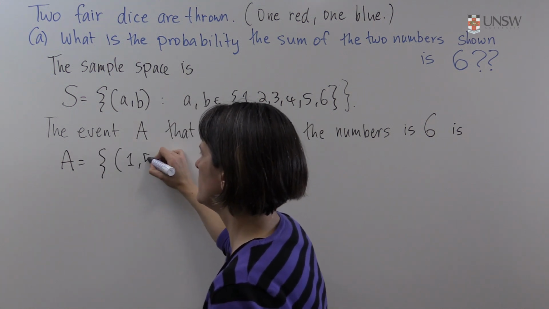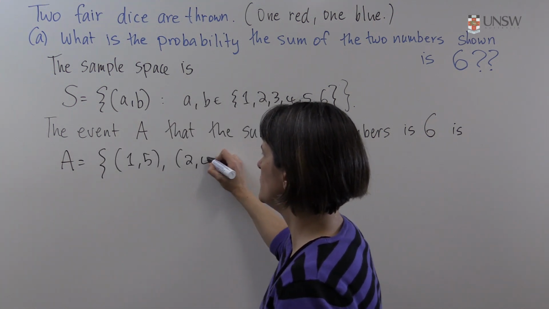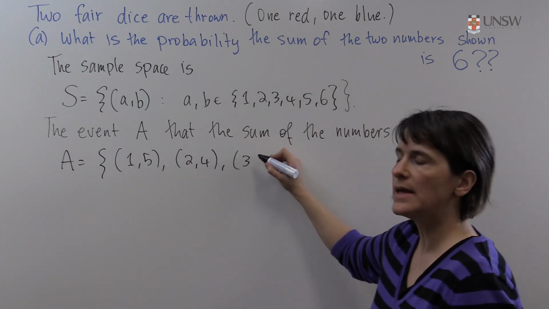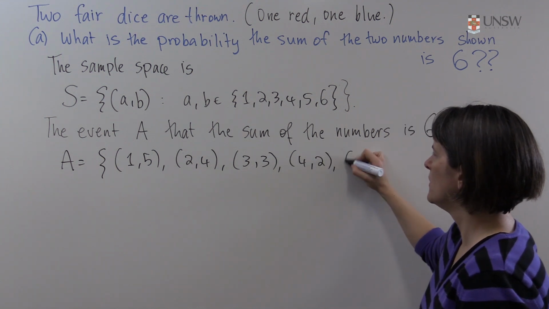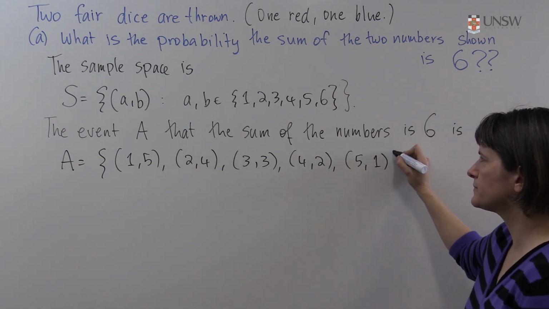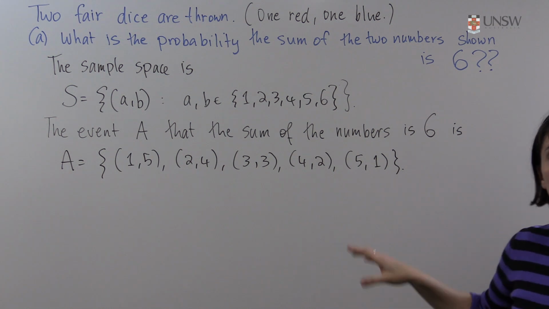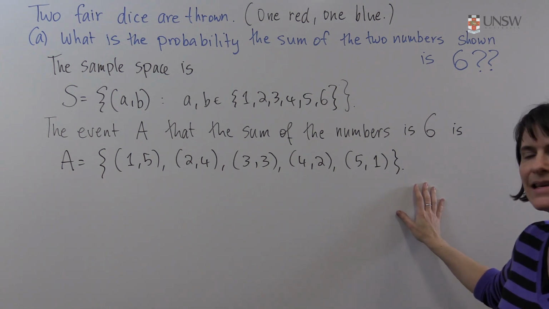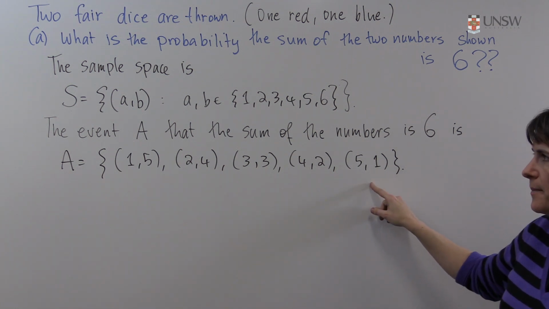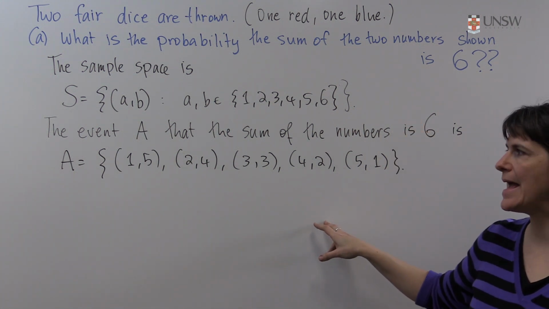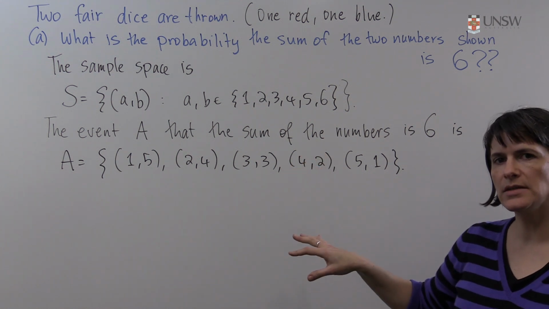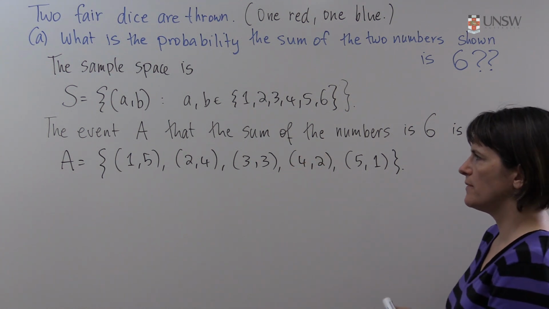So you can have (1, 5), you could have (2, 4), (3, 3), (4, 2), or (5, 1). And when you think about it, these are the only possibilities that add up to 6. There's 5 of those outcomes compared to 36. Therefore, the probability of event A is the size of A over the size of S, which is going to be 5/36.